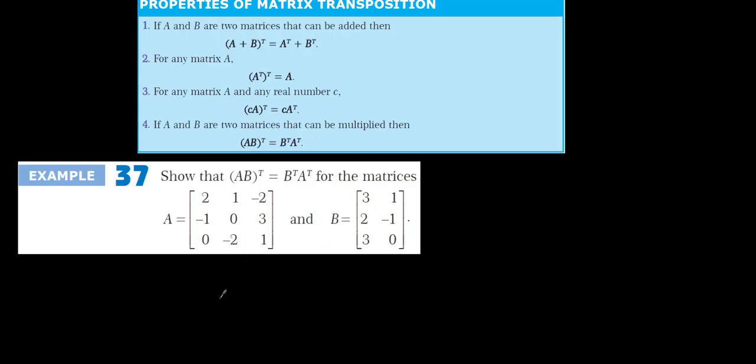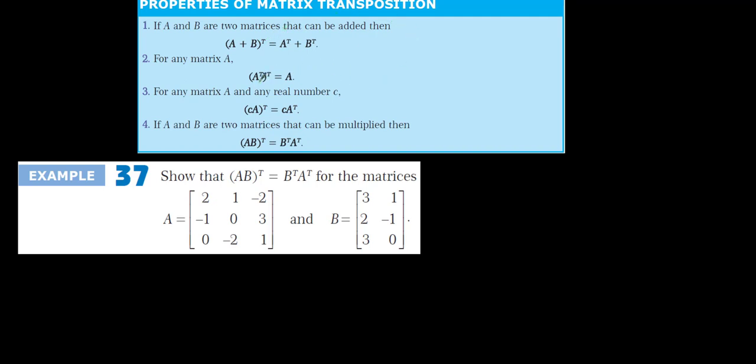Here are the properties of matrix transposition. Transpose does not affect the addition operation, like you're distributing: A transpose plus B transpose is equal to A plus B transpose.